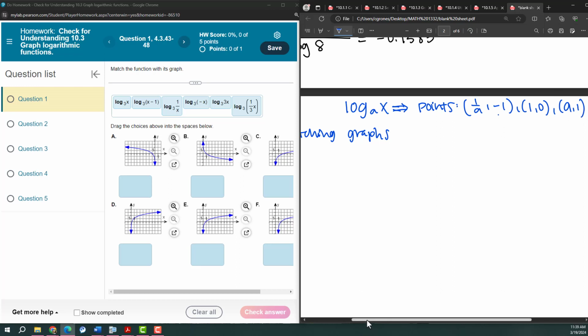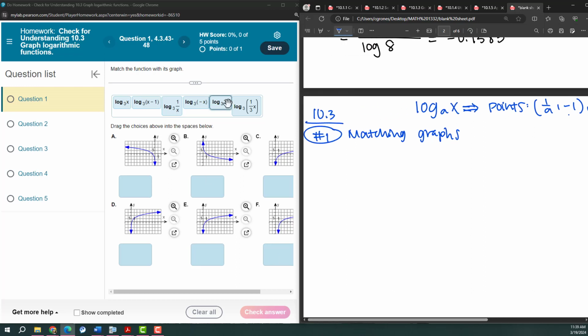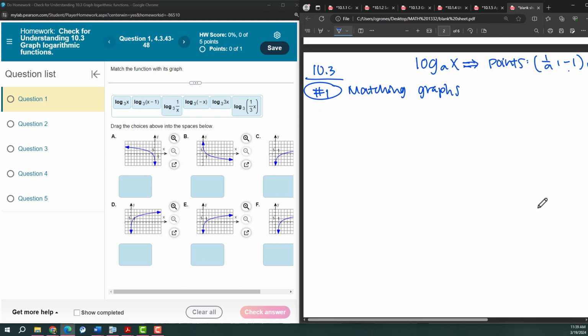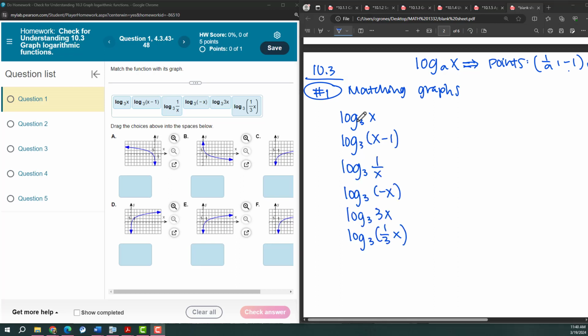All right, so they give us 6 different functions, and we need to match each function with its graph. All of these look like they have a base of 3. So our first one, we just have log of 3 times x.